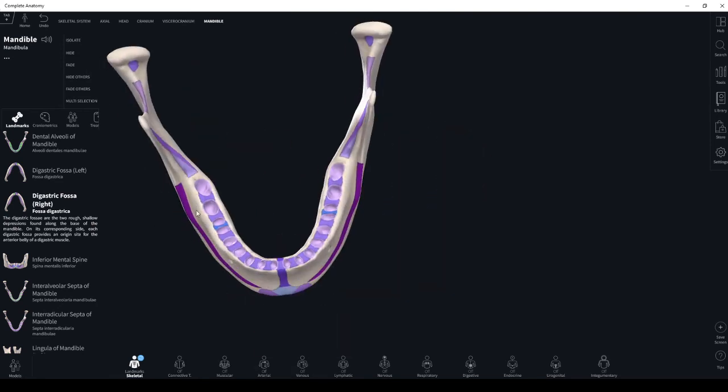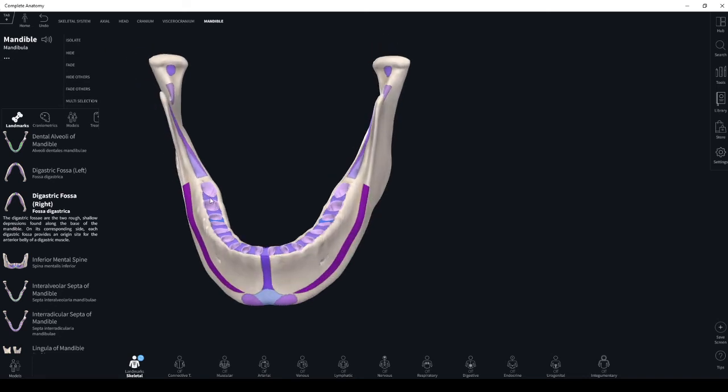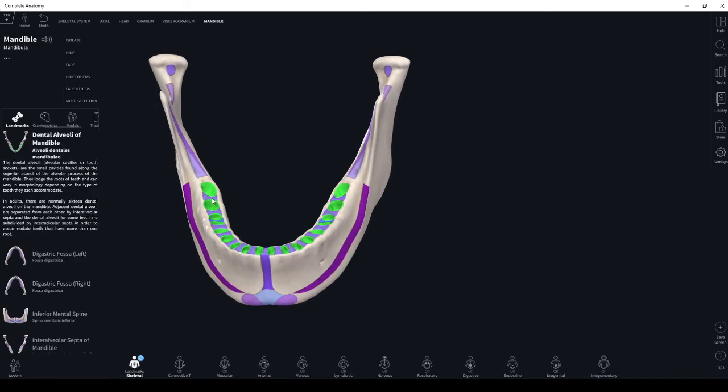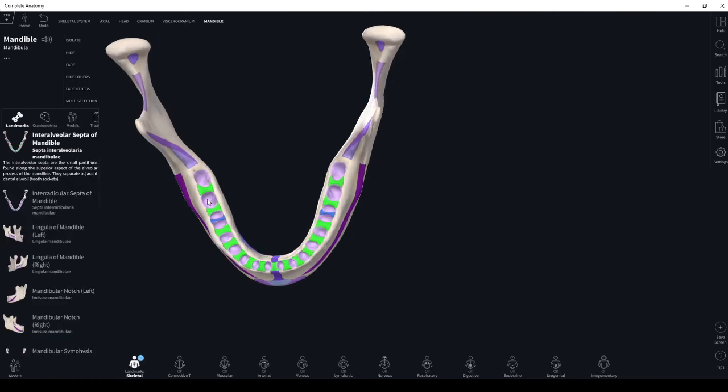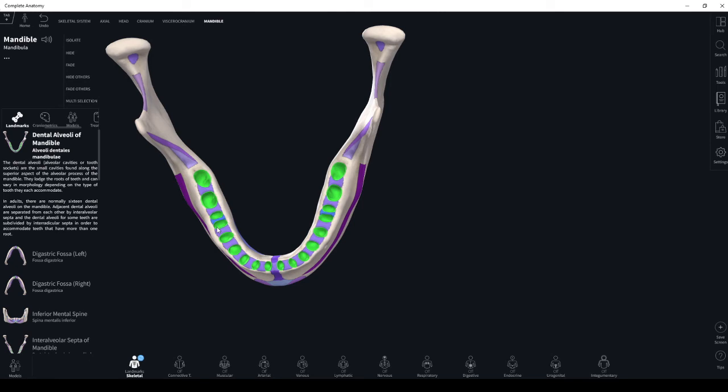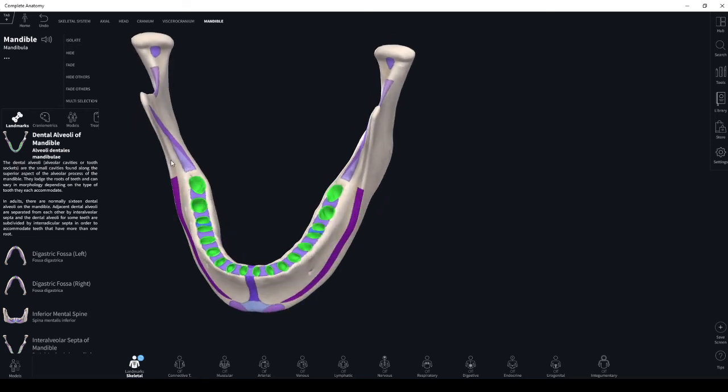On the superior border, same as on the upper jaw or maxilla, you can see the juga alveolaria, the arch of the teeth, the alveolar arch with the alveolar sockets and alveolar septa between them. The alveolar sockets correspond to the number of roots of the teeth.